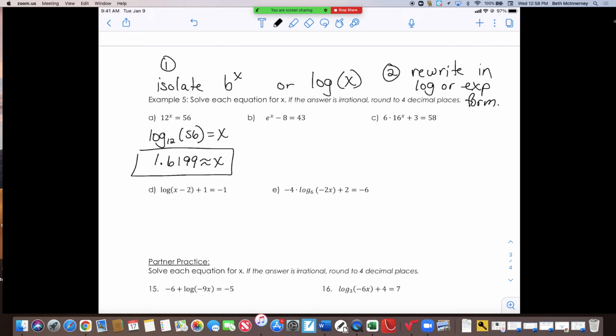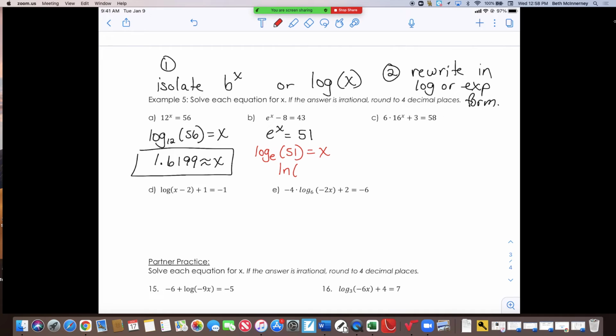All right, letter B. What do I have to do first in order to get e to the x alone? Becca? Good job. You're going to add 8 to both sides, and that'll give me e to the x equals 51. Now, in order to get that exponent to come out, I go from exponential to logarithmic form. So my base is e, so this will be log base e of 51 equals x.